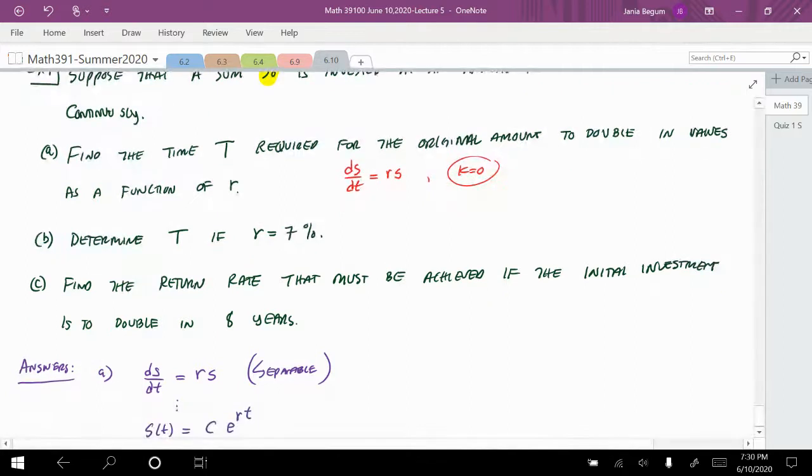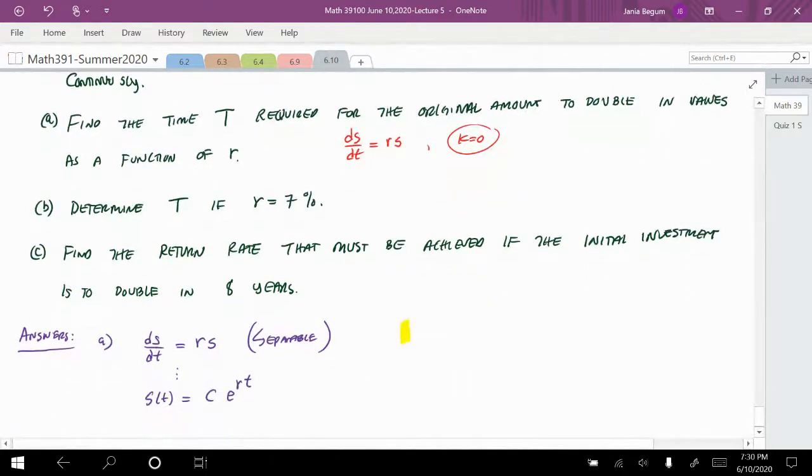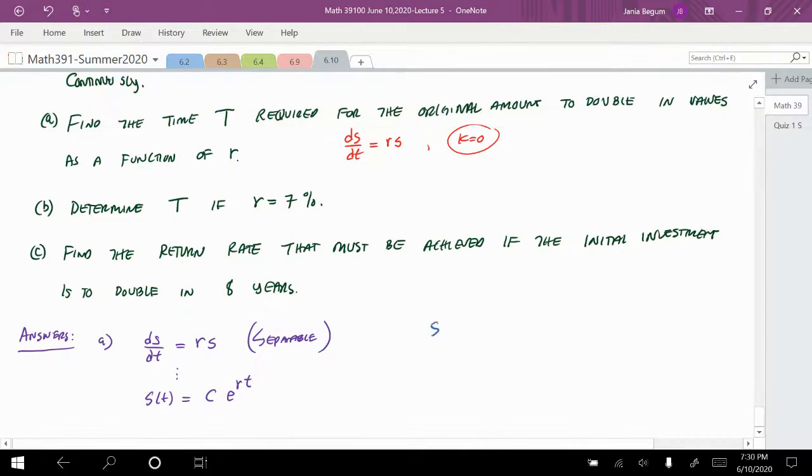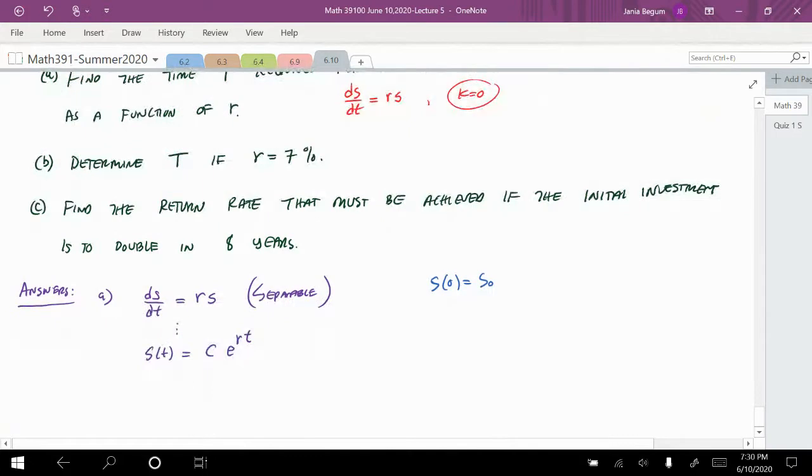Yes. Yeah, so correct. So we have our initial condition, right? So we have s of 0, that's s naught. So if I know the solution, I can plug this in and find c. So if you plug in t equals 0, s naught is equal to c. So that means our model is just s of t is equal to s naught e to the rt. Just rewriting stuff.